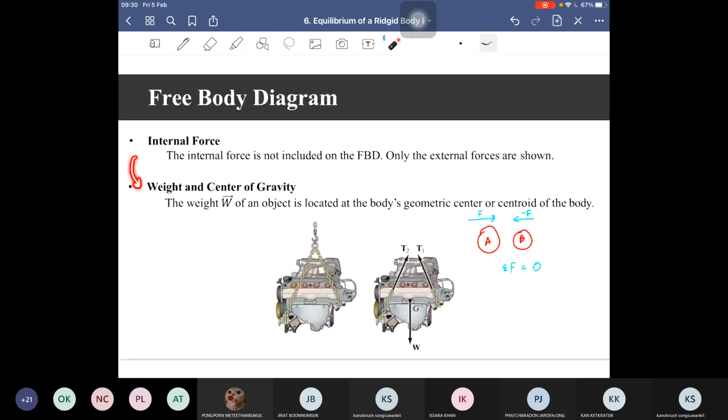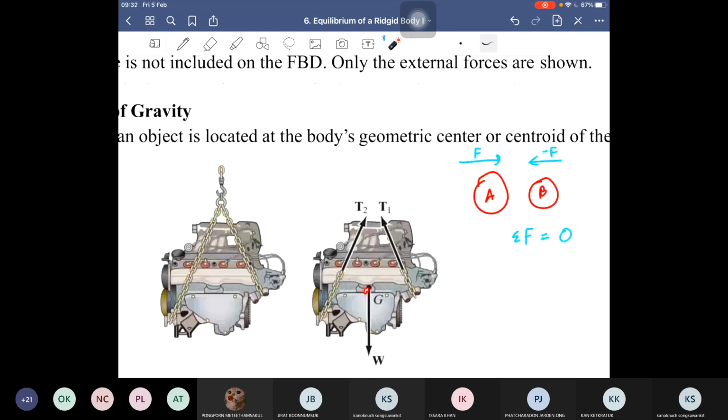Next is the weight and the centroid of the body. The weight W of the object is located at the body's geometric center, or the centroid of the body. So it's assumed that the point is in the middle of the body. So why do we have to make it like this? We will study that in another chapter about the centroid and CG.